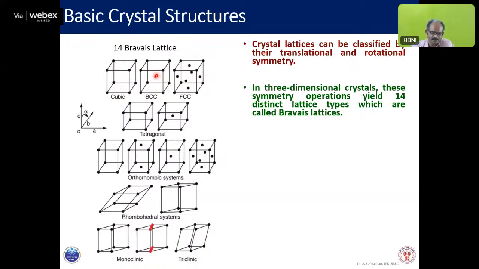But in the cesium chloride structure, here we have chlorine. So it is a simple cubic structure with a basis of cesium and chlorine, displaced by half and half from this point.